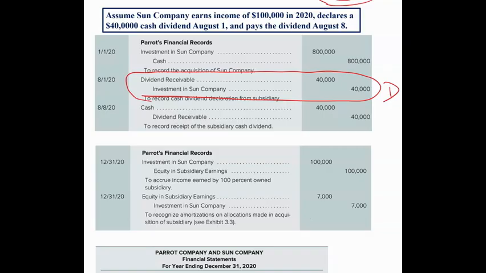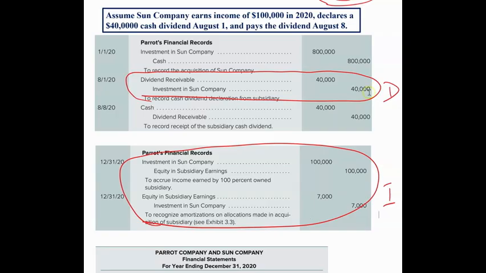So that's the consolidation entry D to reverse this transaction. And entry I is to reverse this intra-entity investment income. So for the income, we debit equity income and credit investment in subsidiary. Okay, so that's D and I.